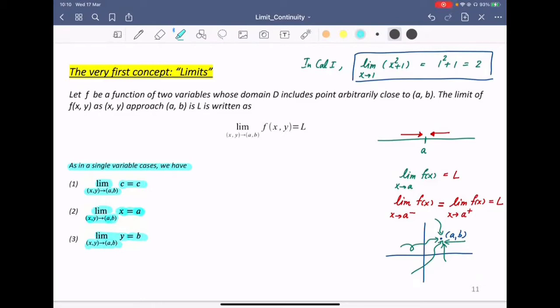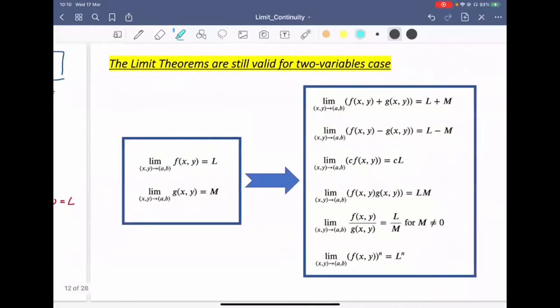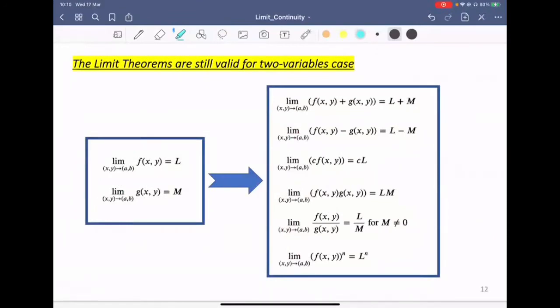And then also you have a lot of theorems from this slide.